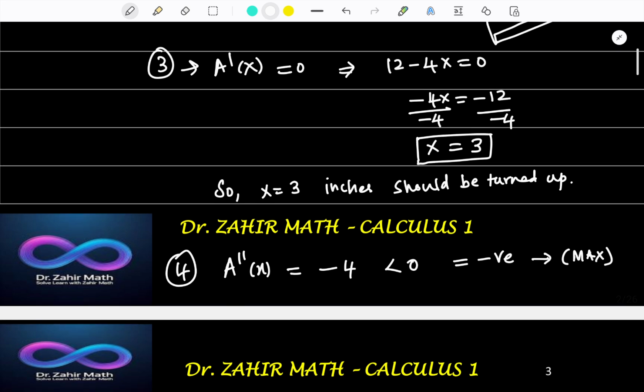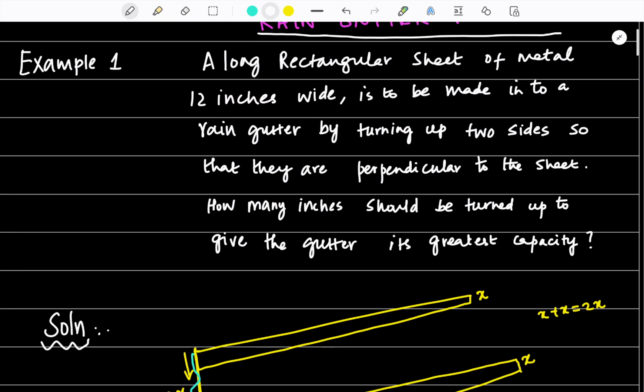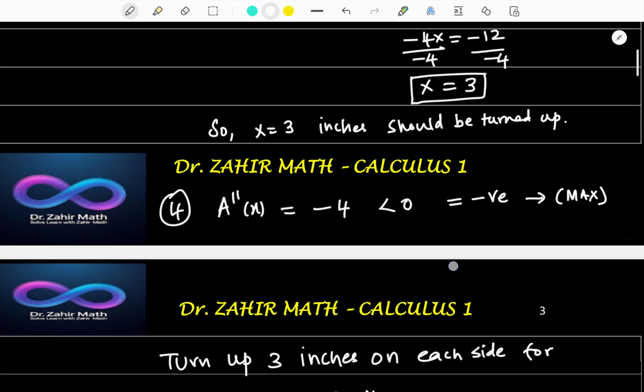Now I'm calculating whether it is maximum or minimum. I want to make sure, because the question says it should be greater capacity. You can see that in the question: how many inches should be turned up to get the greatest capacity. So this is what you're going to find out, x equals question mark. So we are going to see whether it's maximum or not.